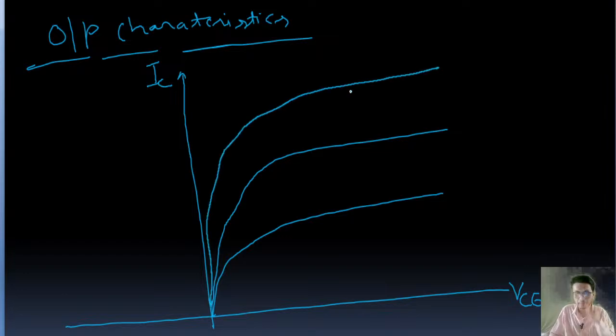This is the graph, guys. Here this point is going to be like this, and this line is going to be like this.